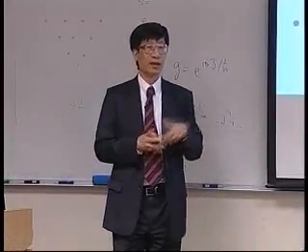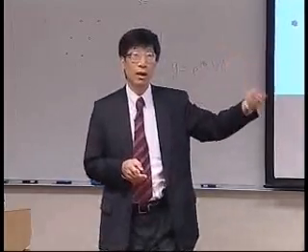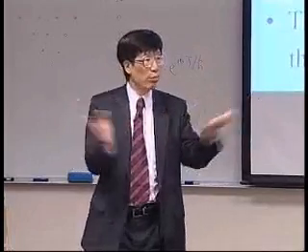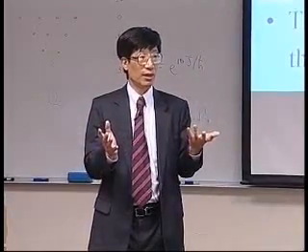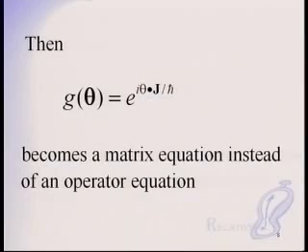The G are elements of the group. They multiply. The J's are elements of the algebra. They add, they commute, and so on. Now, it's obvious that it is easier to study the J's rather than the G. And actually, once you have a representation, this abstract relation becomes a matrix equation.